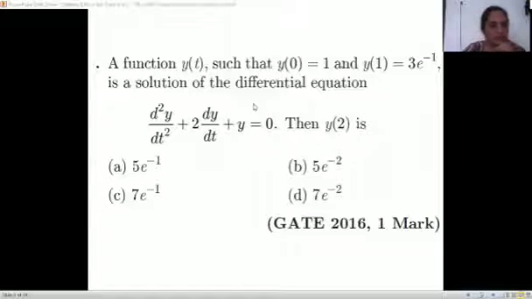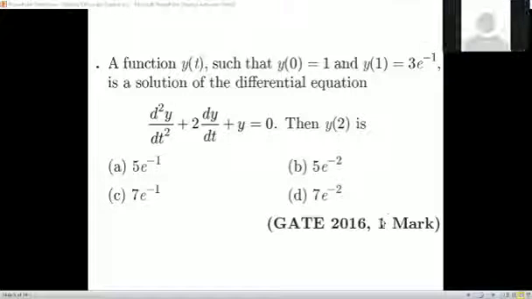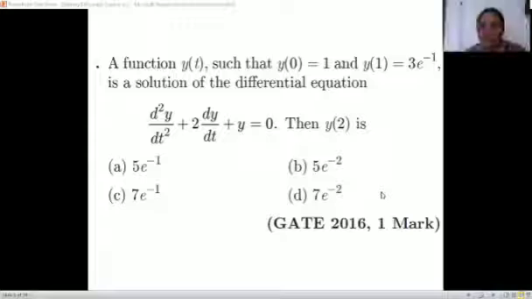Only the complementary function yc is your solution as the right side is 0. So y is equal to c1 plus c2 t e raised to minus t is your solution. Where you have to put t is 0 and y is 1. So you can get one constant. Tell me that constant. Either you will get c1 or c2. Aditya is trying, but we cannot hear you, Aditya.